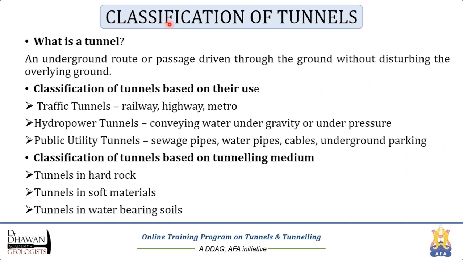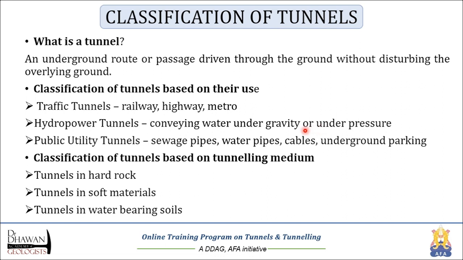Classification of tunnels. A tunnel is an underground route or passage driven through the ground without disturbing the overlying ground. These are usually classified based on their use. Railway, highway, and metro tunnels are grouped into traffic tunnel or transportation tunnels. Then we construct hydropower tunnels for conveying water under gravity or under pressure.